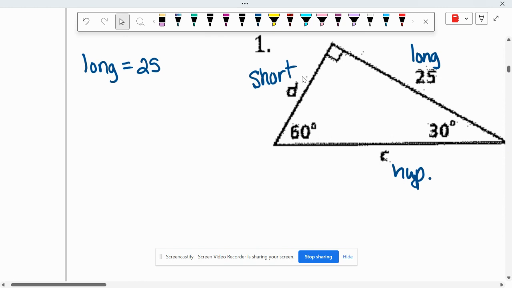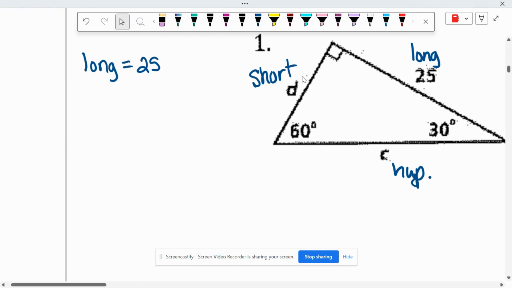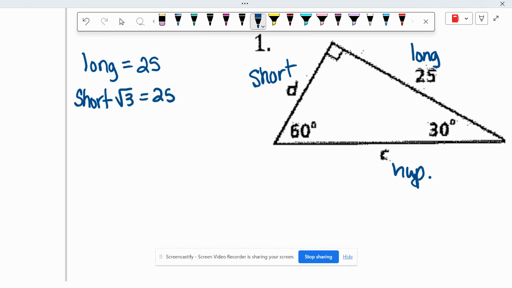Yes or no? Okay. So the rule for the long leg is I take the short leg times the square root of 3. Well, what is the name of the short leg? It's D. So D square root of 3 equals 25.